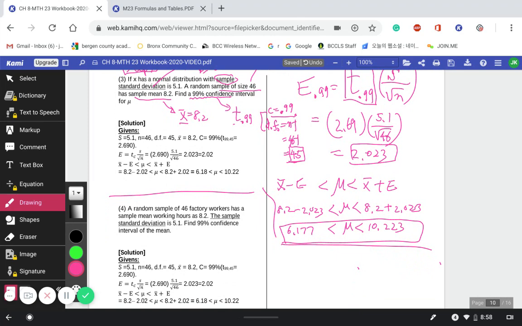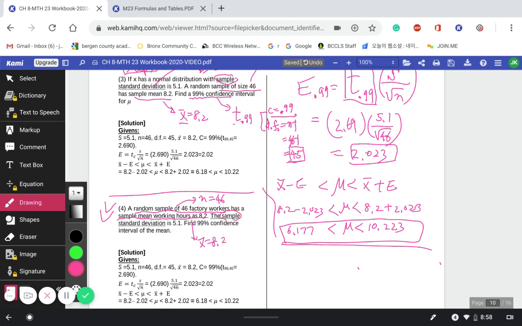Now example 4 is exactly the same as example 3, just with a different wording setup. So a random sample of 46 factory workers again. So n becomes 46. They have a sample mean of 8.2, so that gives you X bar is 8.2.